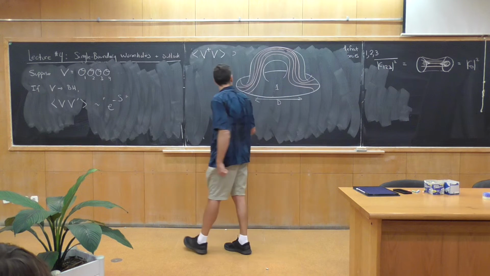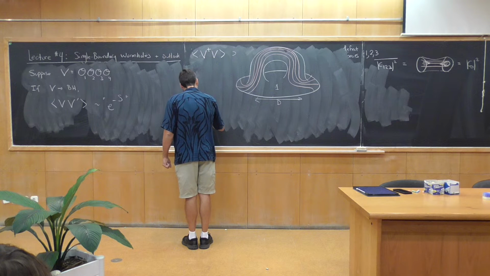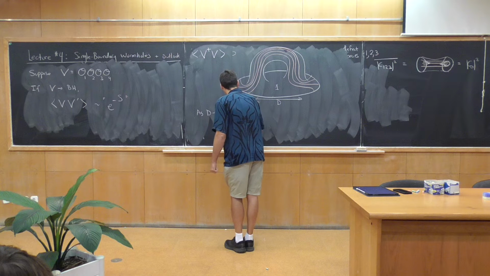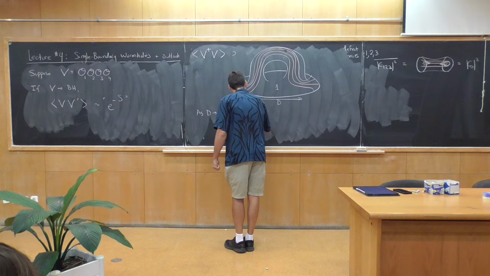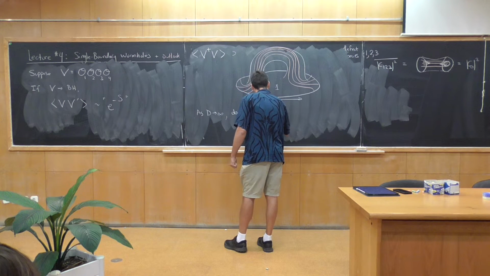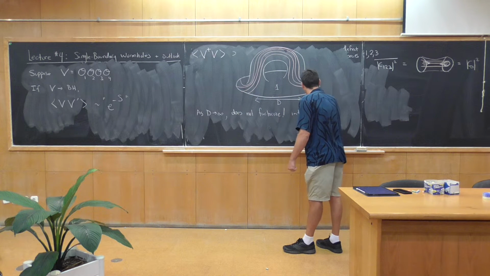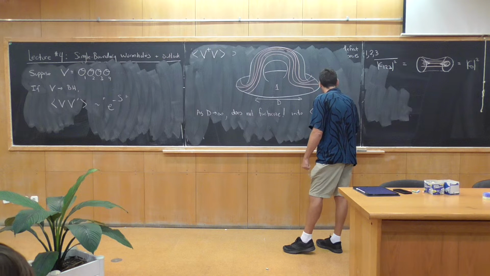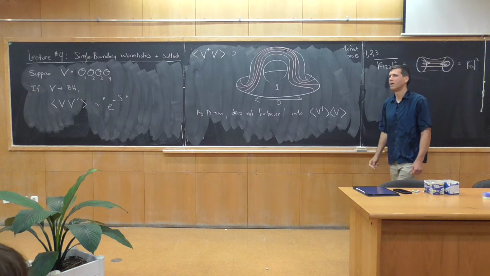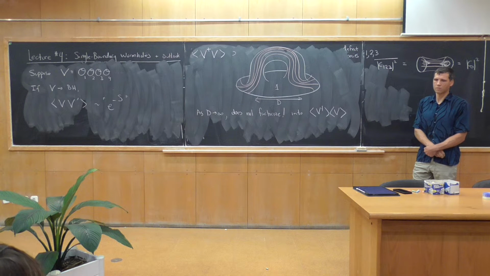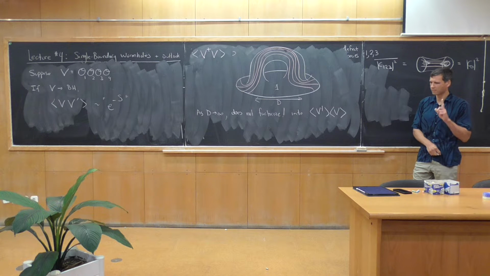Now the funny thing about this diagram is that as d goes to infinity, this does not factorize into V dagger V, because there's a... sorry, I think I'm saying that wrong. I'm getting confused. One second.